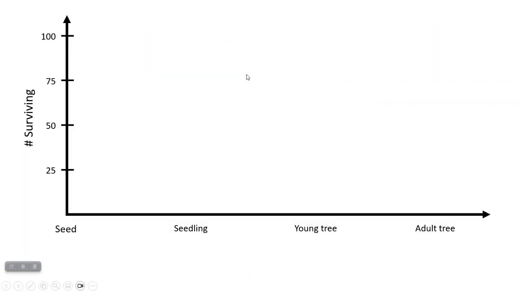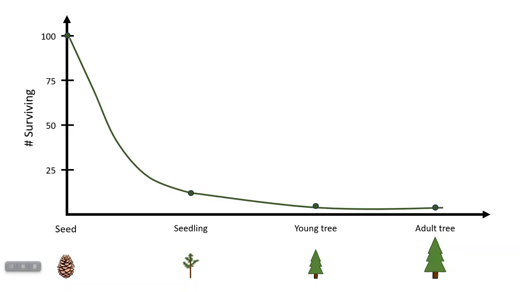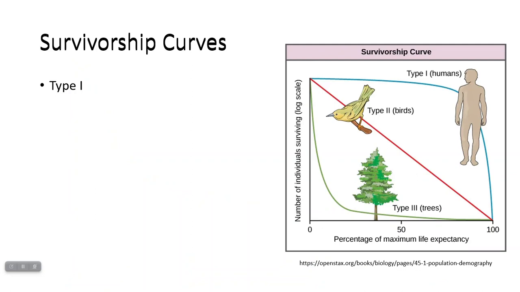If we graph this, what we'll see is we have 100 of these at seed, 12 at seedling, 5 at young tree, and 4 at adult tree. And if we connect these points, we'll see this curve. This is an early loss curve because very early in the lifespan, most of the organisms die off. How is this different from the other curves?